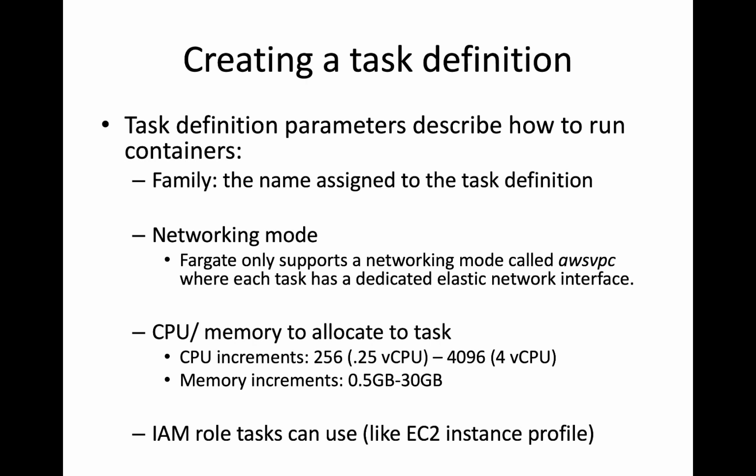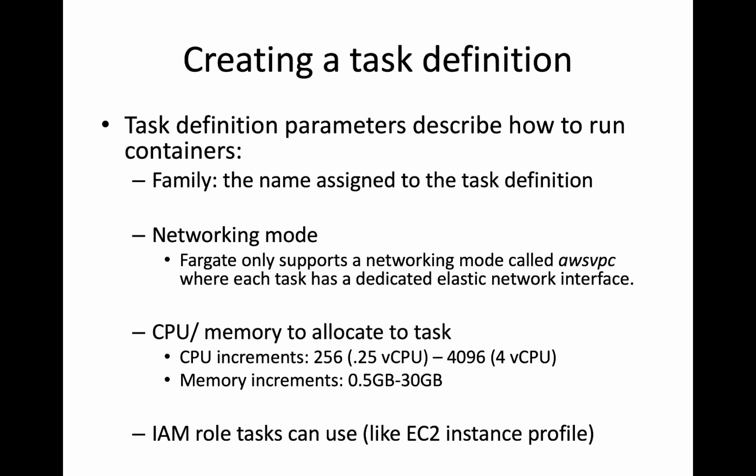We have a network mode that our containers are going to use, and when we use Fargate, we use a special networking mode called AWS VPC, which basically means that all of our Fargate-based containers are going to be running within a VPC, and they'll each have a dedicated Elastic Network Interface.